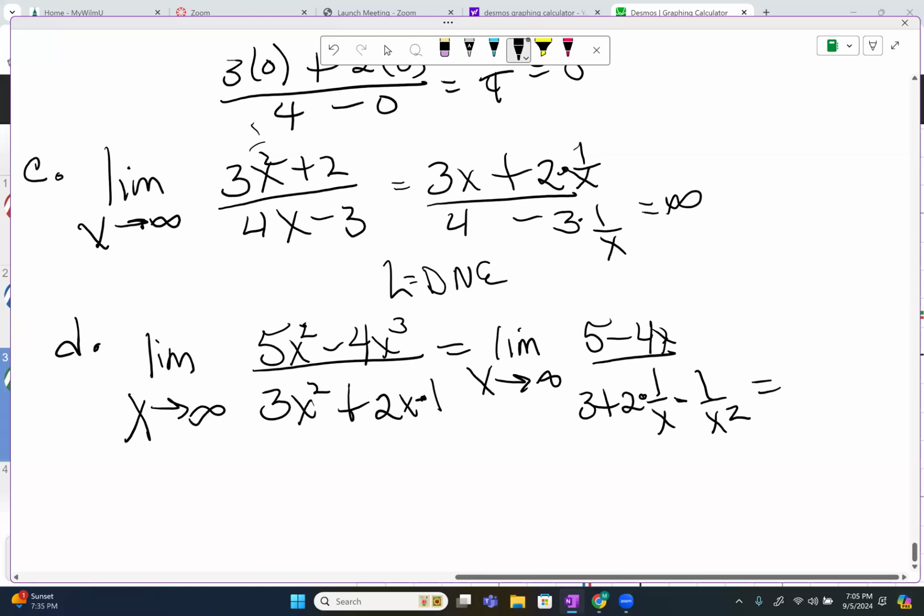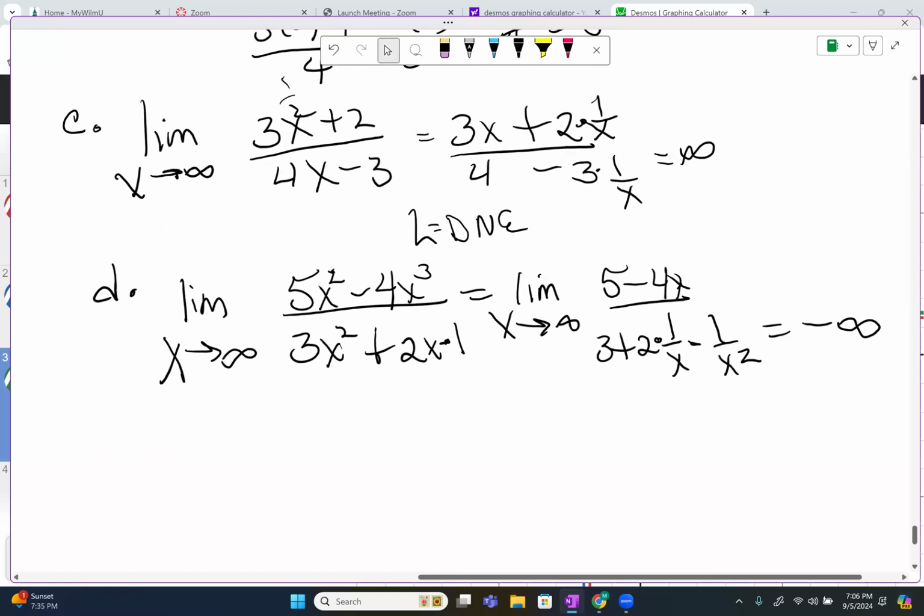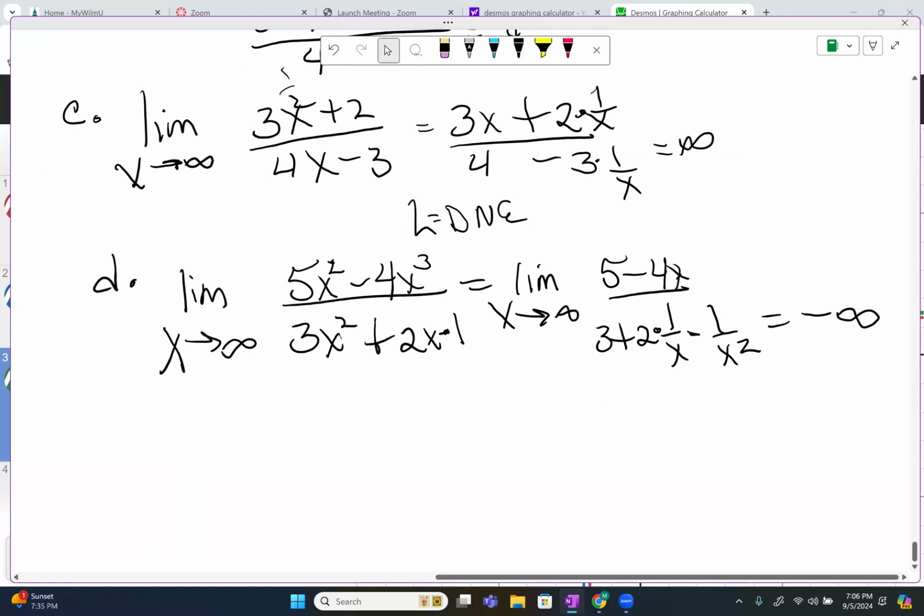So this approaches negative infinity. Okay, notice that the exponents are bigger on top, smaller on the bottom.